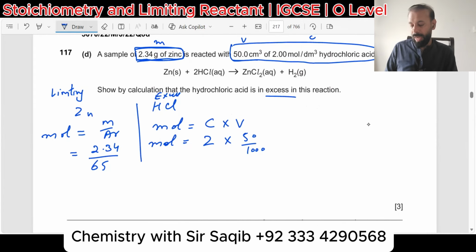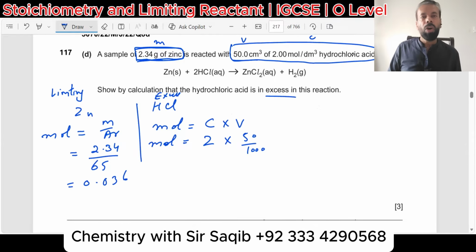So calculate how many moles of zinc there are. 2.34 divided by 65 is equal to 0.036, right? And what are the moles of HCl? For HCl, multiply 2 with 0.05, which is equal to 0.1 mole.